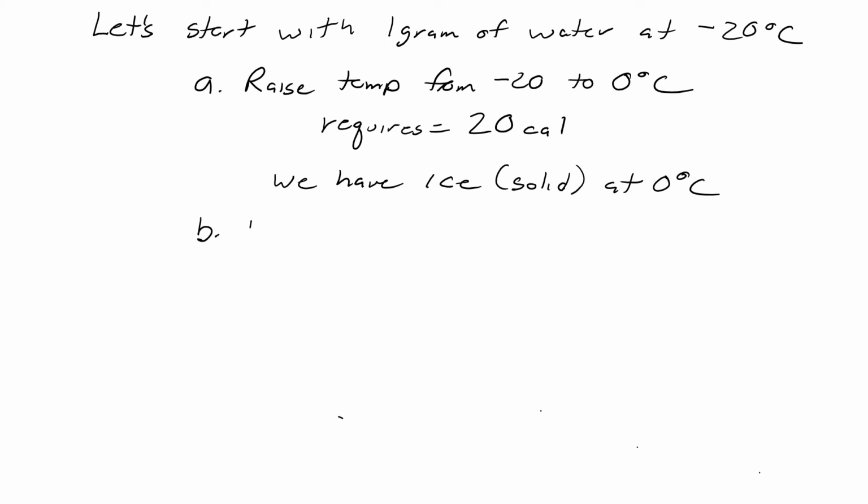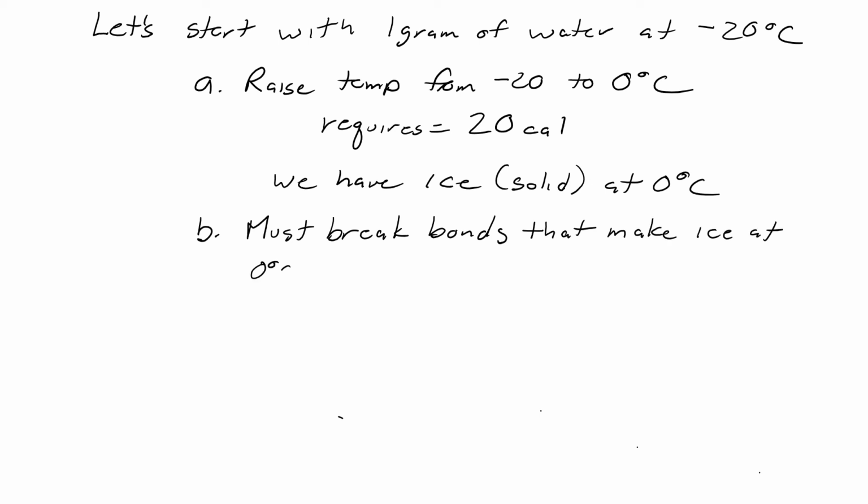So just to break the bonds that make ice a solid at 0 degrees C and create liquid at 0 degrees C. That extra energy that's needed to break the bonds is something that we call latent heat of fusion.